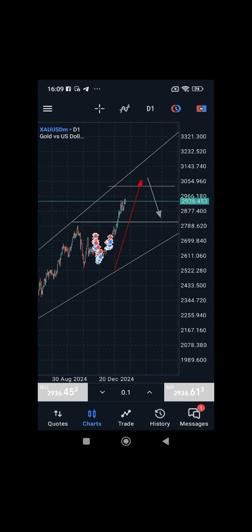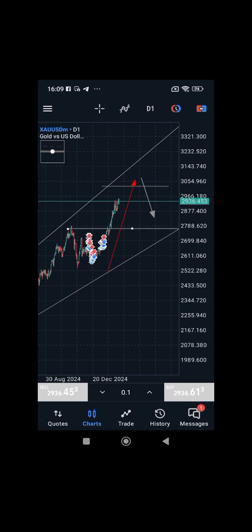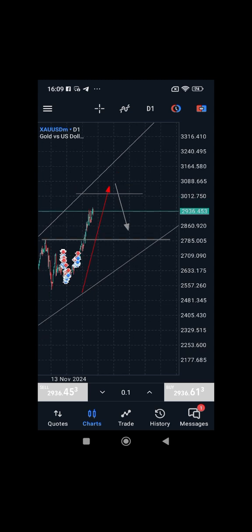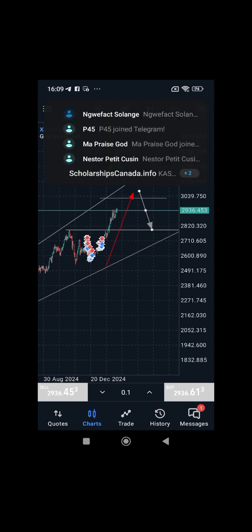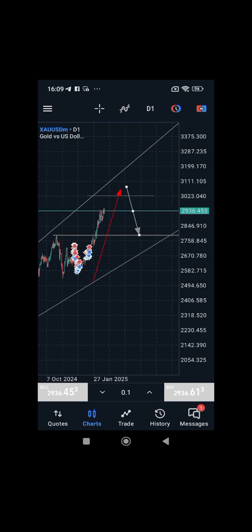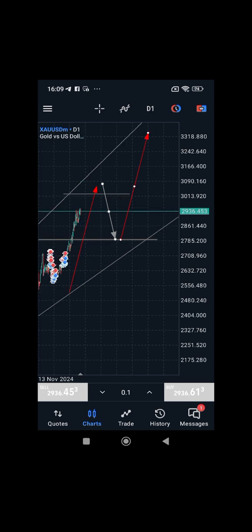It's very critical to know that the market direction can hit this particular point, and when that point is reached, we are going to have a further move like this. So we can have a further move to the upside. That is the case I'm expecting here.